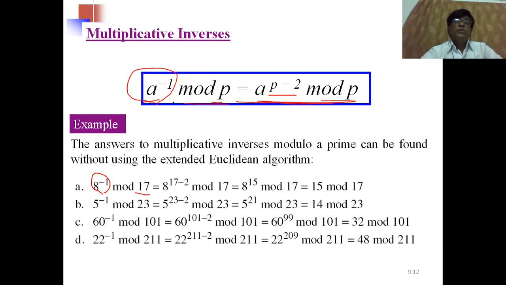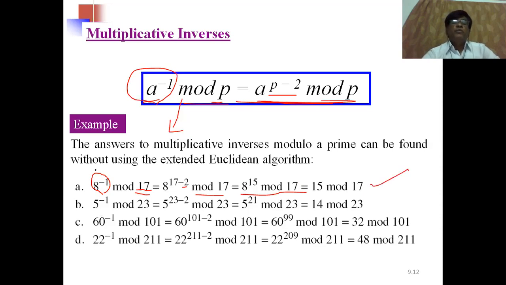So as per this formula, A power minus 1 mod prime number is equal to A power P minus 2. That's why 8 power minus 1 mod 17 is equal to 8 power 17 minus 2 mod 17. That is equal to 8 power 15 mod 17. So if you solve this one, this is equal to 15 mod 7.